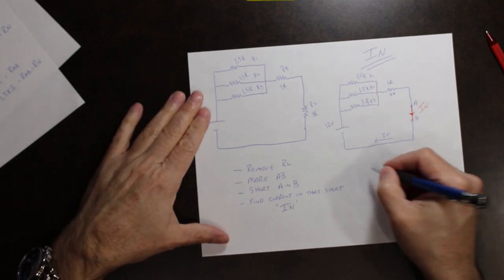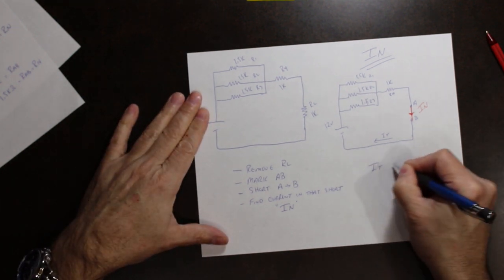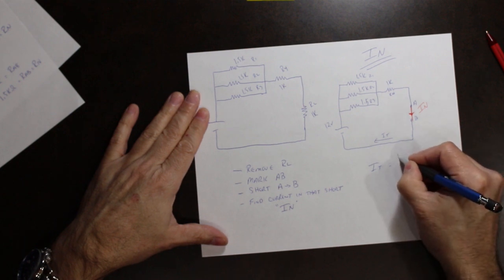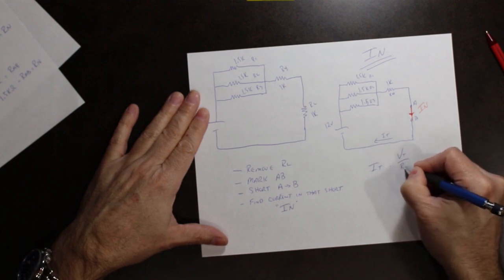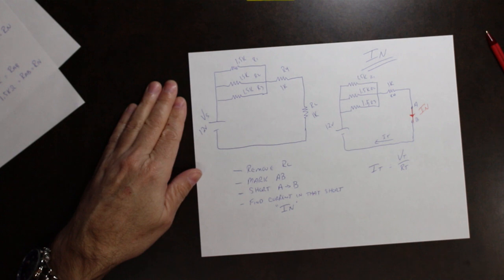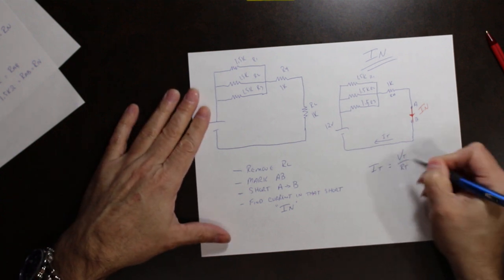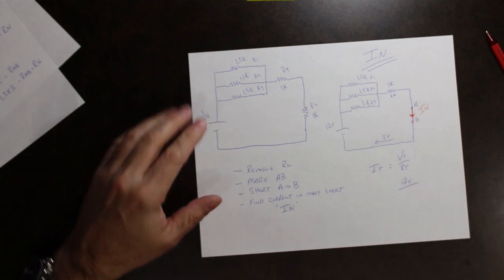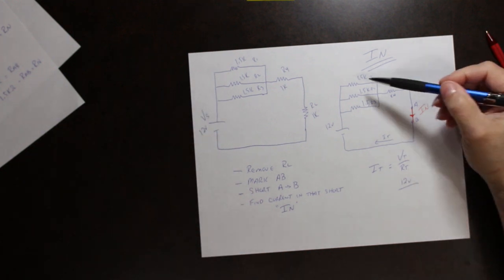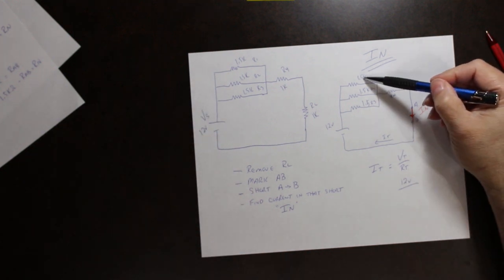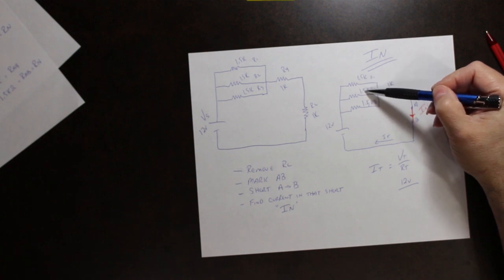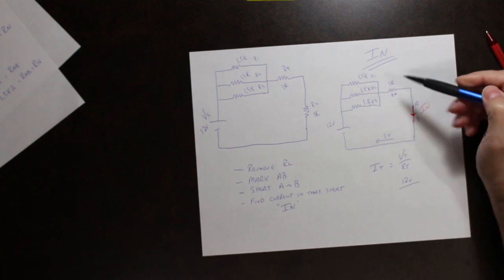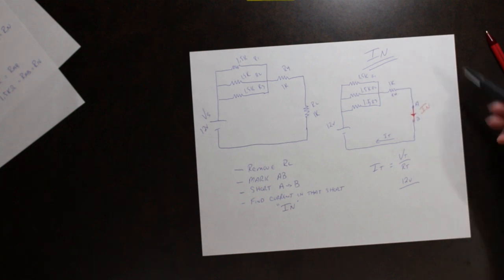So I total, according to Ohm's law, is voltage total divided by resistance total of the circuit. We know that the voltage total is 12 volts. We need to figure out what the resistance total is. So now we look here and we say, oh look, there's this resistor in parallel with this resistor in parallel with this resistor, plus this resistor.